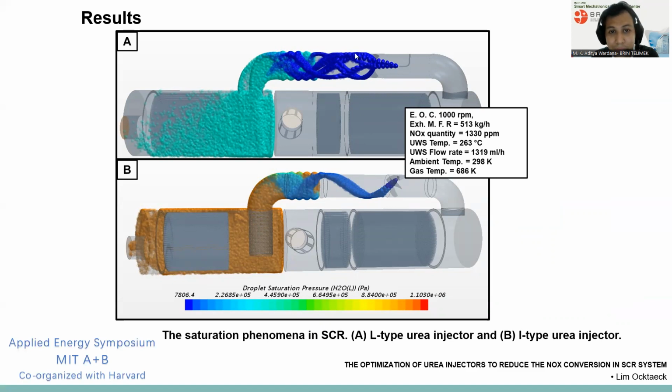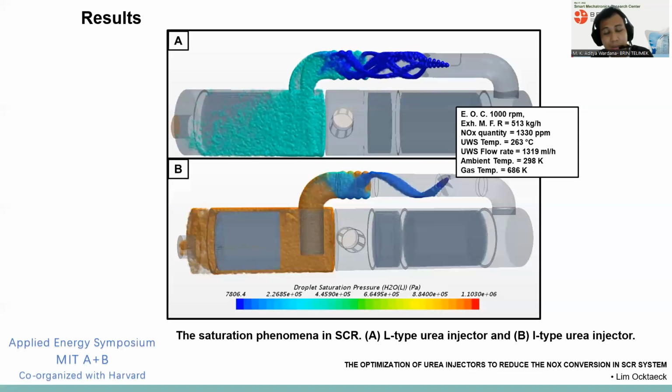However, if we show you this, the L-type is better at spreading the ammonia in that system. The saturation phenomena for the L-type and I-type are also similar, with the quantity of ammonia in the I-type higher than in the L-type.